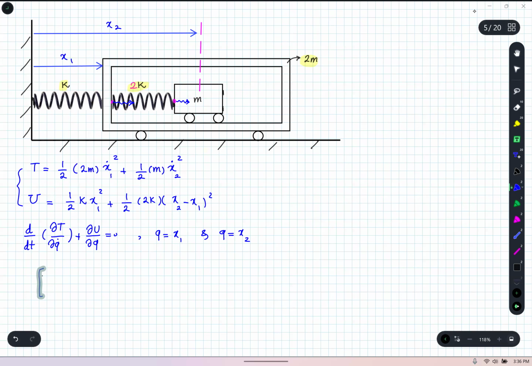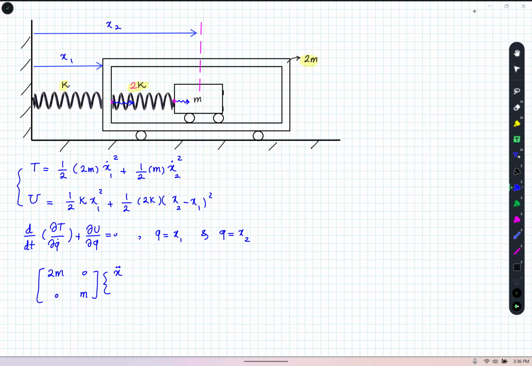I'm just going to write the final answer for you in matrix format, so you can compare and hopefully get the same answer as mine, x double dot 1, x double dot 2. If you didn't get the same answer, you can double check it, of course. After you are 100% sure that you are correct, then I might have made a mistake somewhere along the way in algebra, but the T and U are correct. By mistake, I mean not a fundamental mistake, it's mainly an algebra mistake.